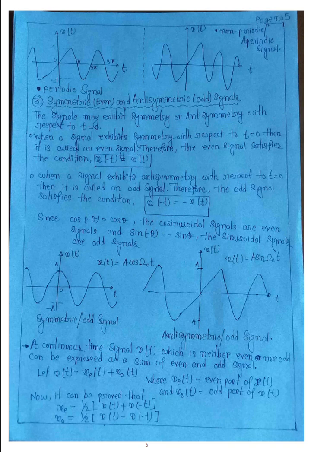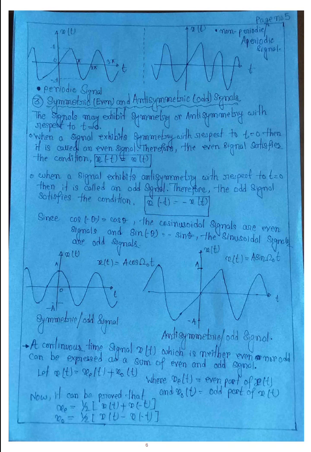Conversely, an odd signal is anti-symmetrical with respect to t equal to 0. The condition for this is x of minus t equal to minus x of t. The sine signal is an odd signal since sine of minus theta equals minus sine theta.